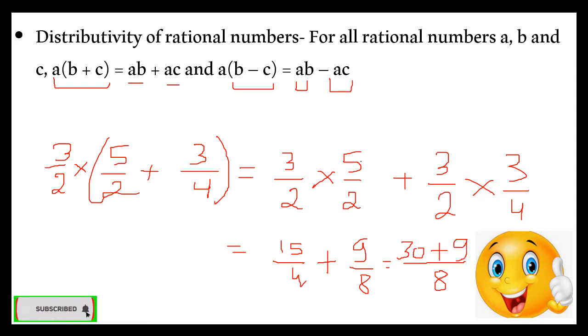So 39 upon 8 will be your result. So this is what you have solved using the distributivity of rational numbers. If you do addition of 5 upon 2 and 3 upon 4 and then you multiply with 3 by 2, your result would be the same, that is 39 upon 8.